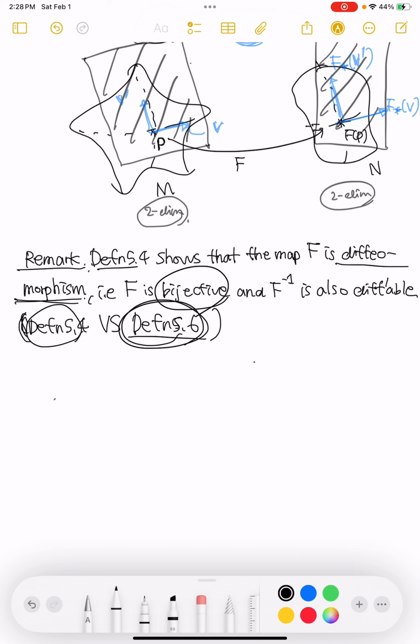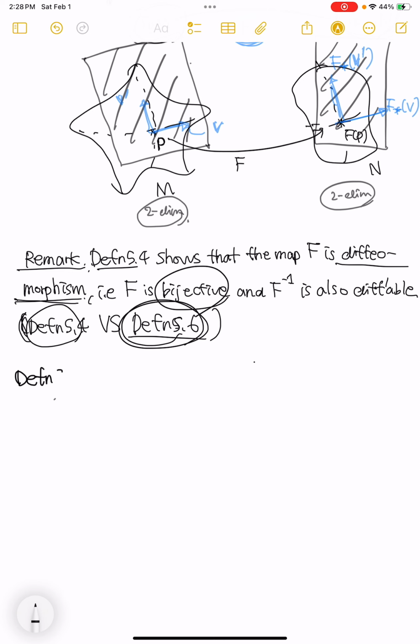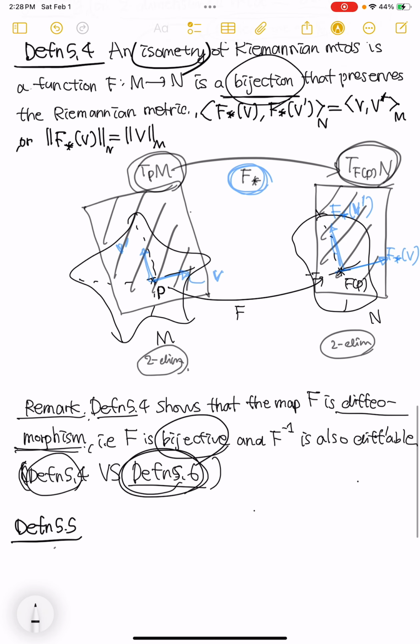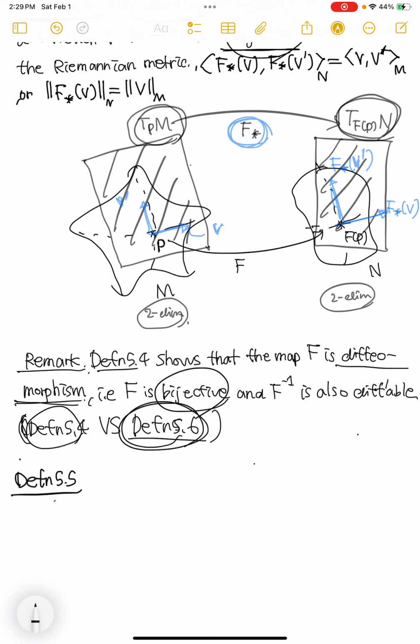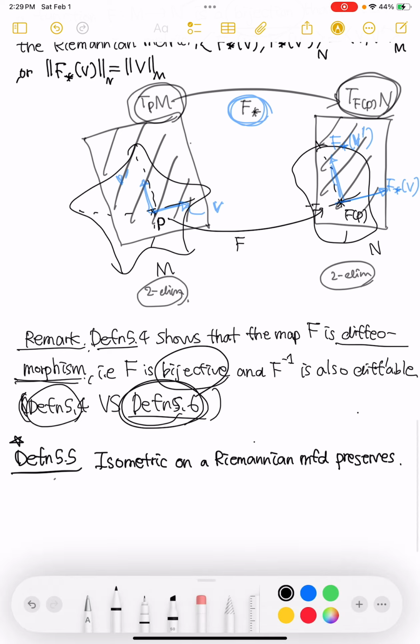Then here is the important part of this lecture. As we see, an isometry preserves the length, okay? But the important part is that an isometry on a Riemannian manifold preserves geometry.